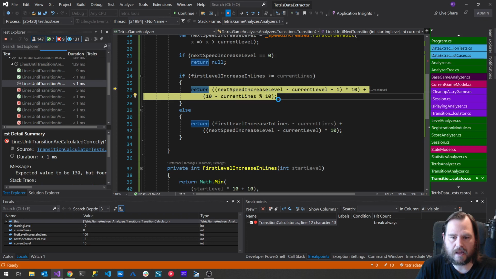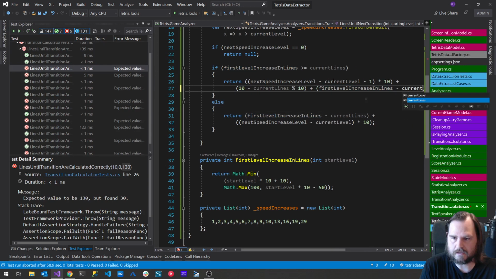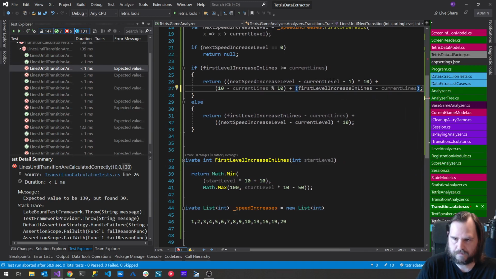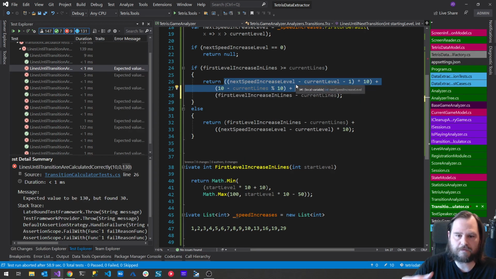Right, so I didn't actually add the first level increase in lines minus current lines, because this gets us from our first level increase to the transition, but we still need the number of lines until our first level increase.